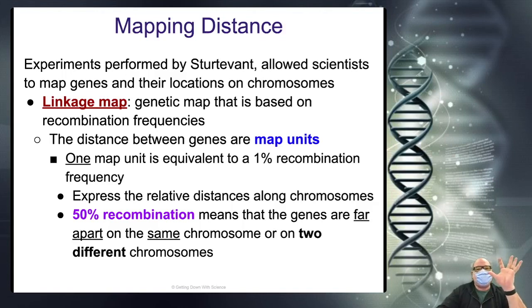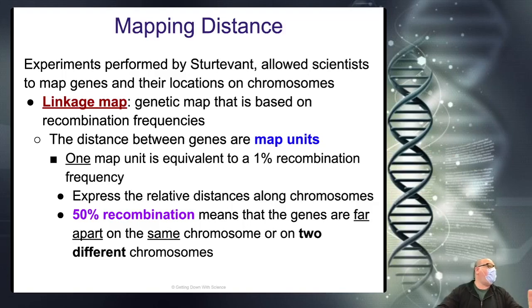And it sounds very complex, but it's equivalent to 1% recombination frequency, okay? So that would be very low. Those would be linked almost 100%, exactly. They don't recombine at all.